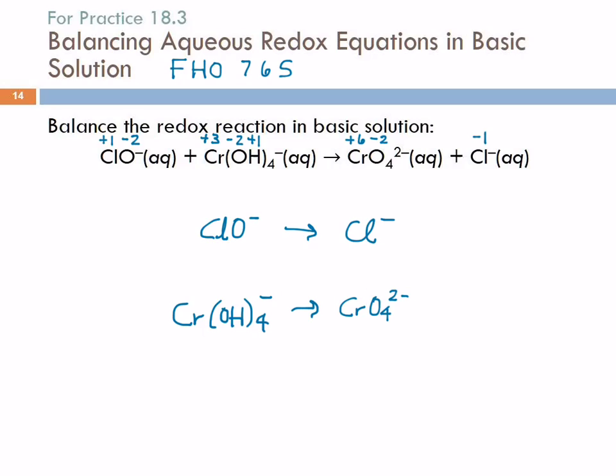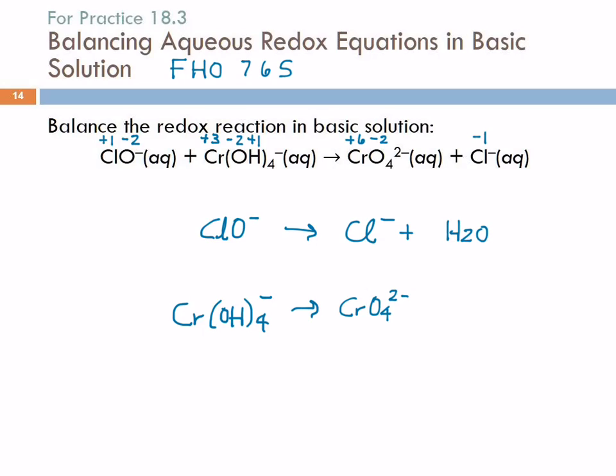Assign oxidation states, write 2 half reactions, balanced by mass, then charge. So here we've got 1 chlorine on each side, that's fine, but we have an oxygen on the left and none on the right. So we're going to balance that by adding H2O.